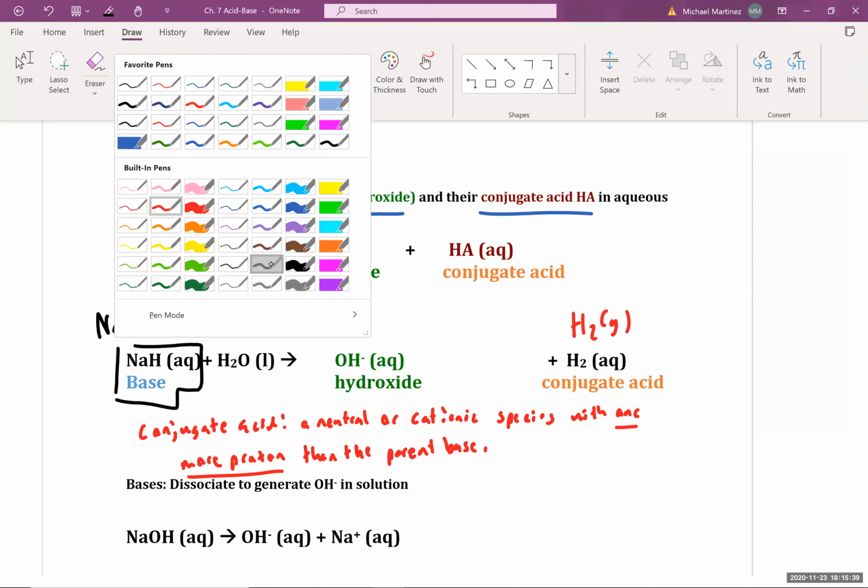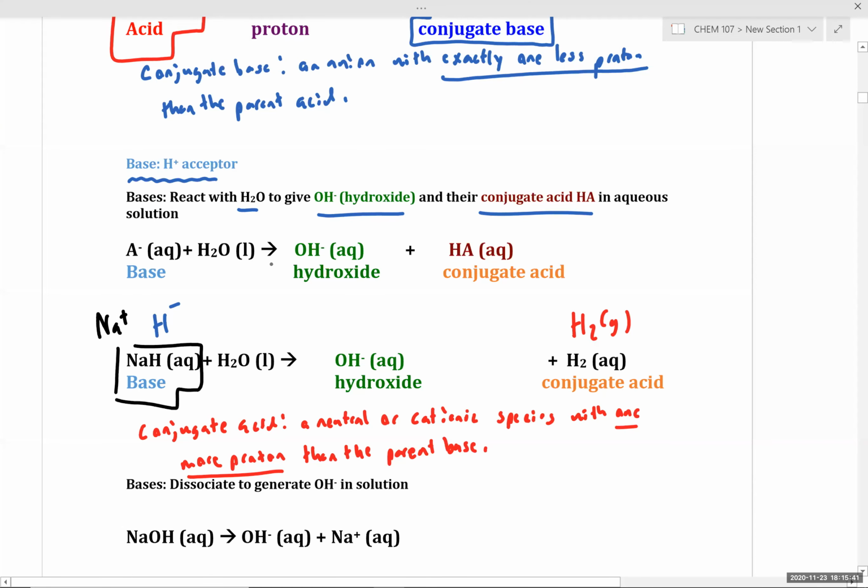Okay, so I like this example because it helps you get in the rhythm of identifying the basic anion and the conjugate acid, where the base is your anionic species that's reacting to make hydroxide, and your conjugate acid is the conjugate base plus one proton.